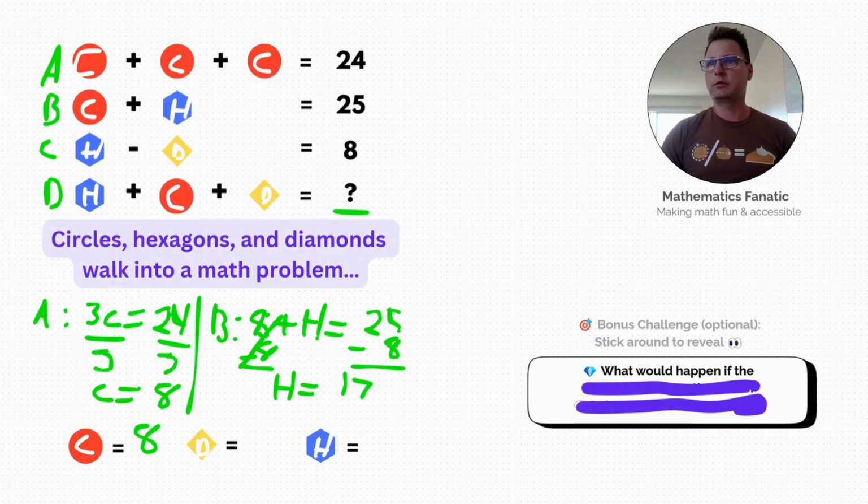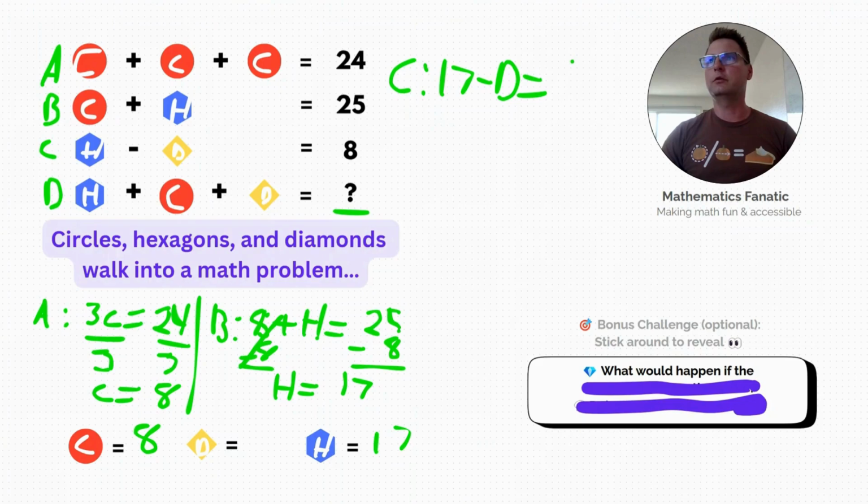All right, win. Okay, we have one more equation, C, that we can use, right? So what's that? Equation C is H, which is 17, minus D, which is our final unknown variable.